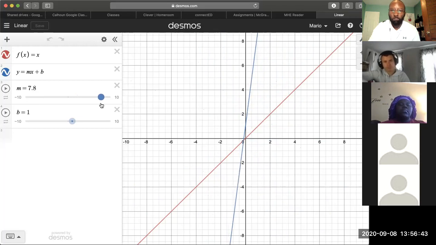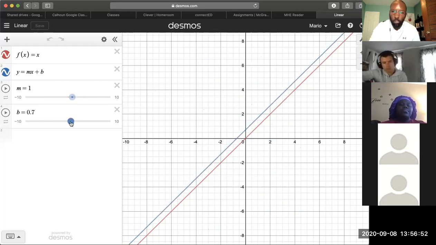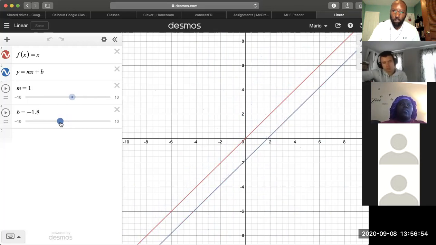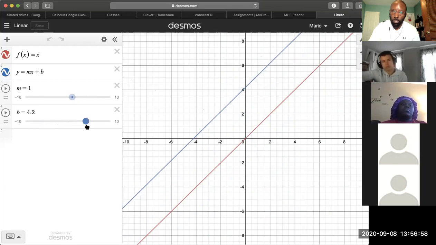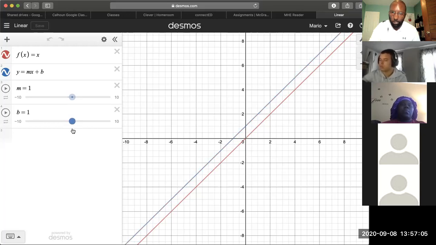So m just talks about how much my line slants, which direction, whereas b is going to tell us the starting point, the y-intercept. Where does this graph touch the y-axis?